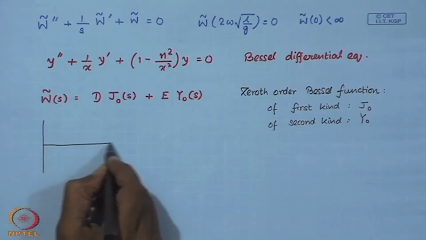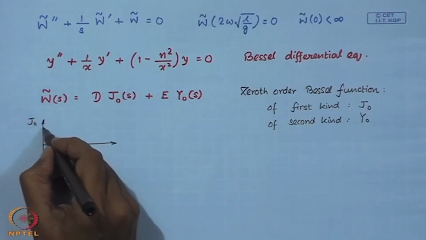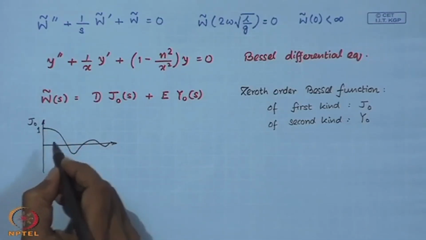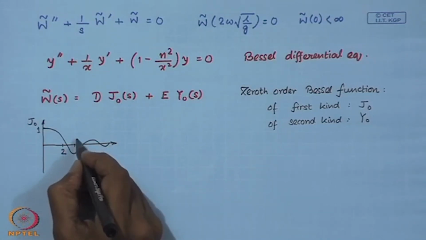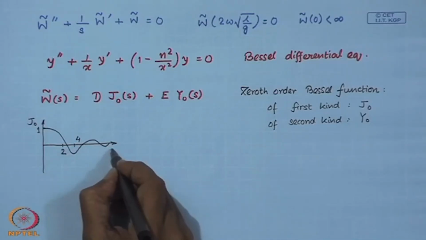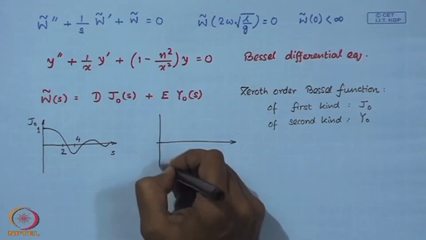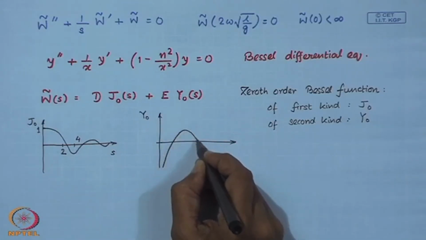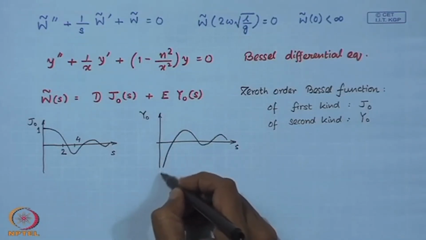So, if I make an approximate plot of J0, so at s equal to 0, y is minus infinity.